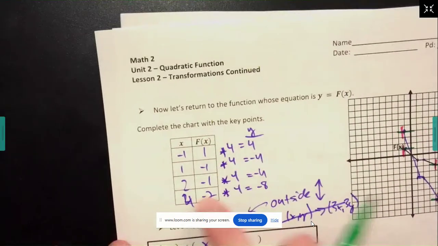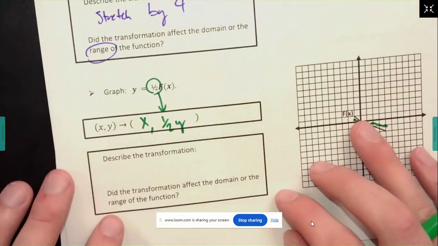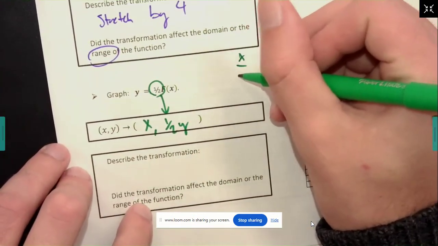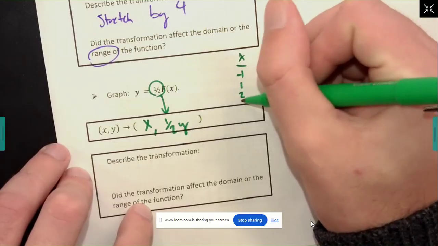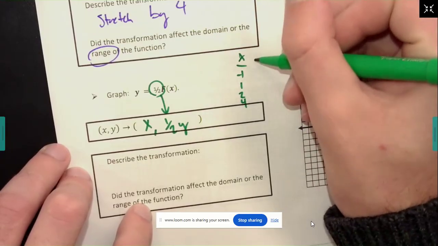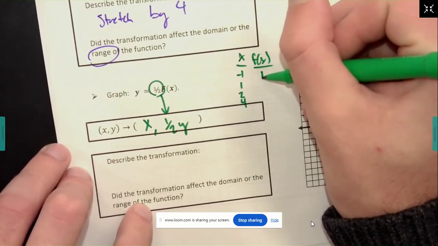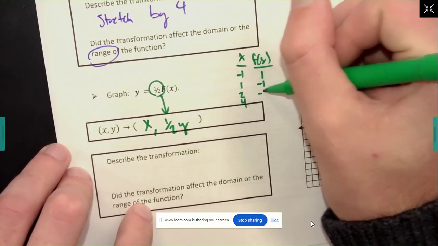Right now, I can make that chart down here actually. So for my x's, I had -1, 1, 2, and 4. For my f of x, I had 1, -1, -1, -2.